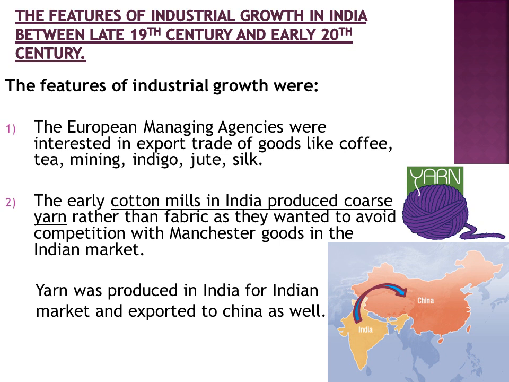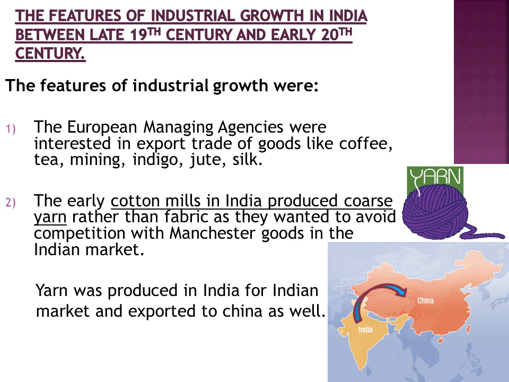Everyone, initially the European managing agencies were interested in export of goods like coffee, tea, minerals, indigo, jute, silk from India. Their interest was not in yarn. They were more interested in fabric.